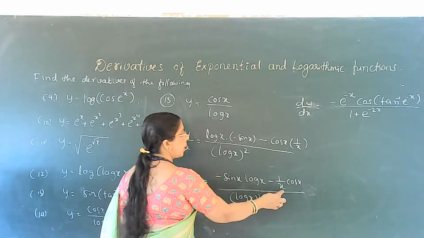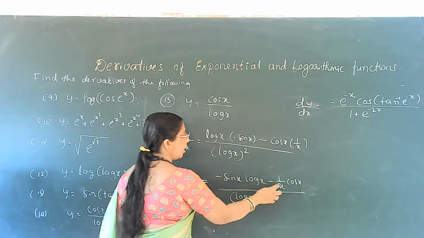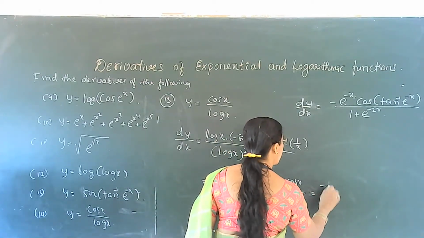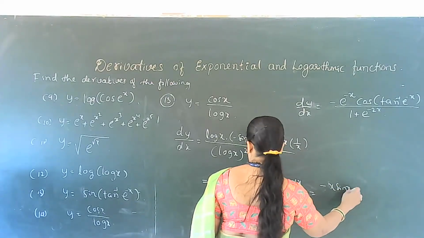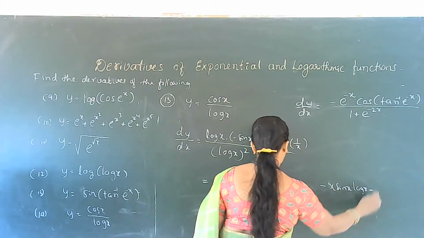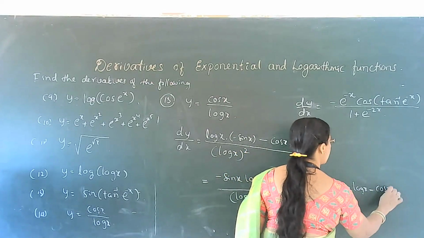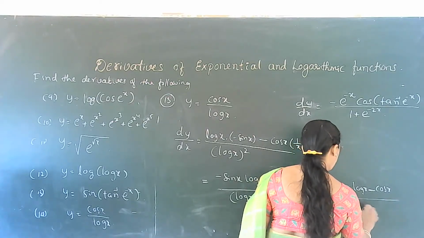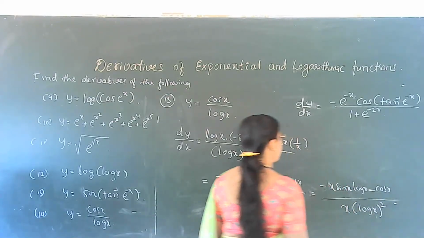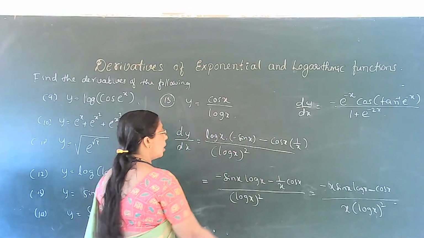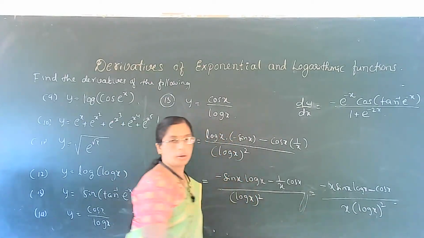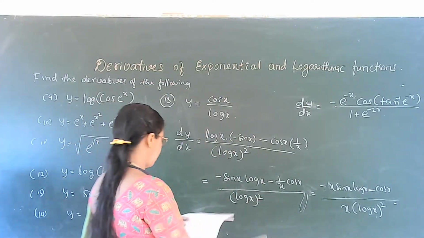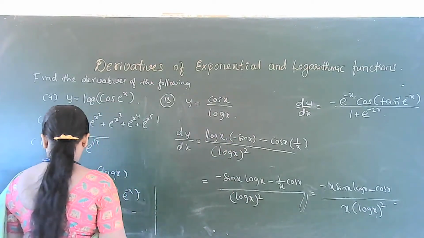You can again simplify by multiplying by x here and dividing by x. Therefore, we get minus x into sin x log x minus cos x, whole divided by x into log of x whole square. So you can write the answer this way also, and if you want to simplify, then write that answer.